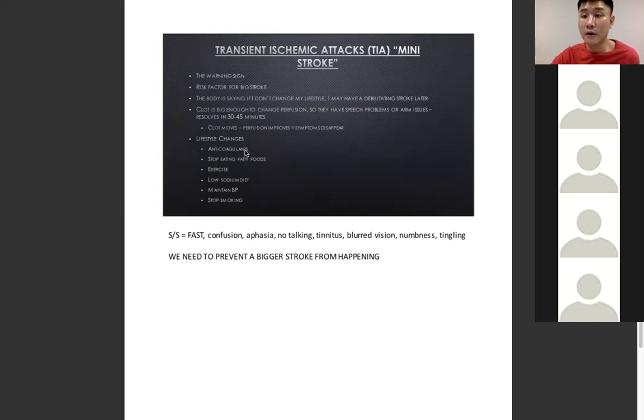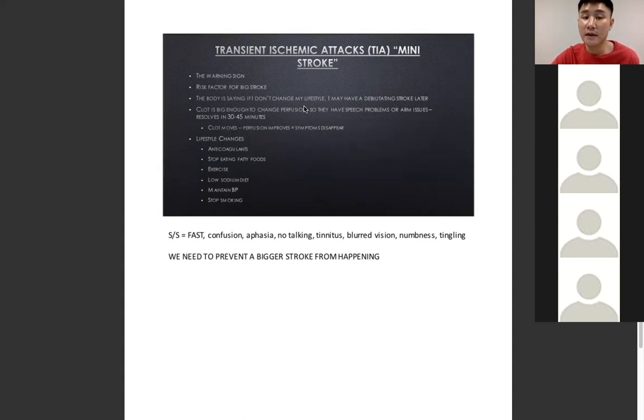Lifestyle changes. Nurses have to teach the patient to take anticoagulants and stop eating fatty foods. What are bad fatty foods? Those saturated, fatty foods. Tell the patient to exercise, have a low sodium diet, maintain a good level of blood pressure, and stop smoking.